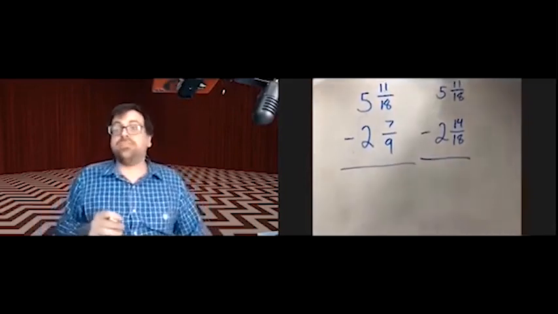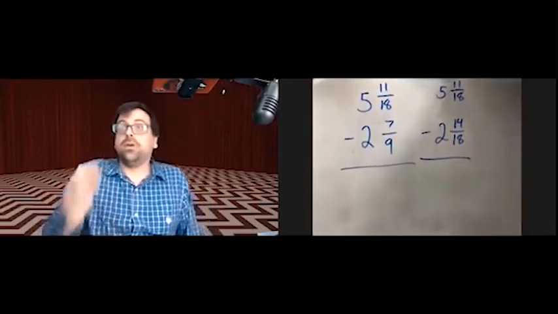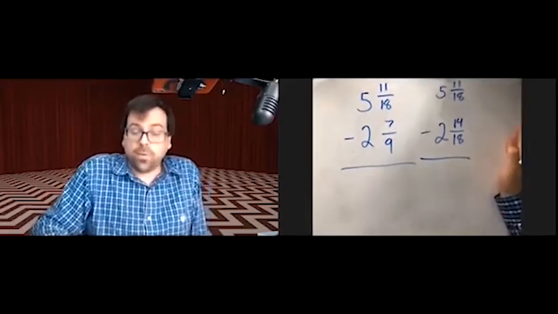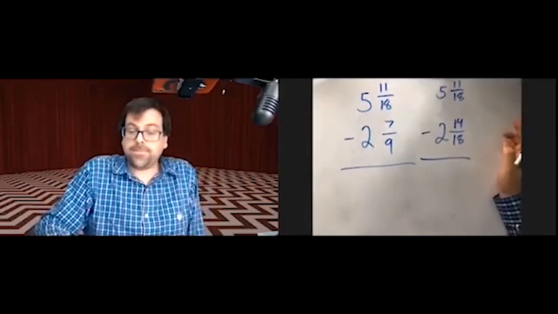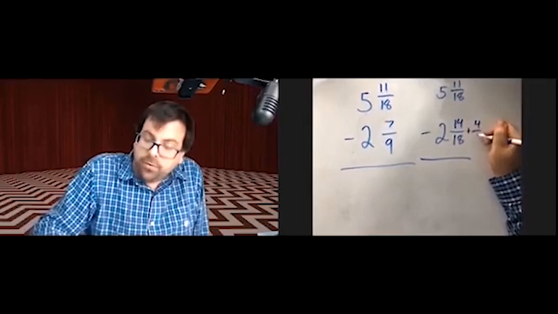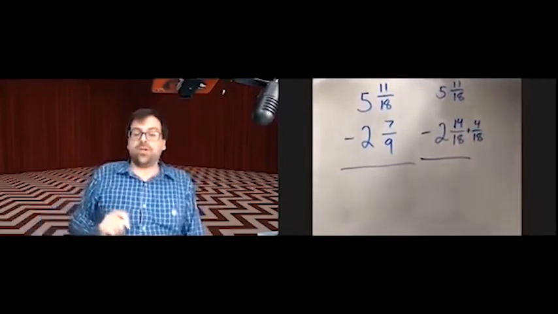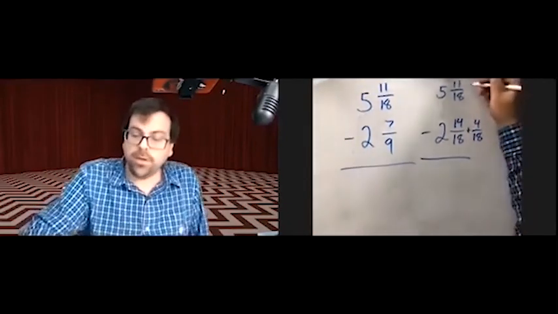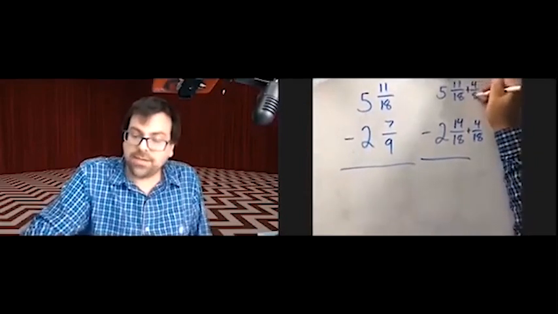We see that we're going to have to borrow. Before we do the borrowing, maybe we want to do our trick then. We can bump this up by adding 4/18. That'll turn 2 into 3. We'll add 4/18 here.